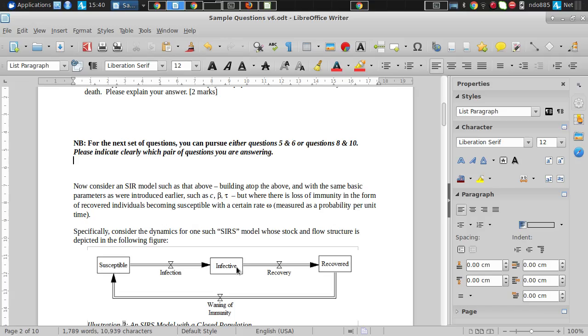Infection is greater than recovery. This inflow is greater than the outflow, so this is going up. Good. From the perspective of a single individual, what's going on there? They're infecting more than one person before they recover. So over time, what limits that is the number of, or the fraction of, people around them that are susceptible.